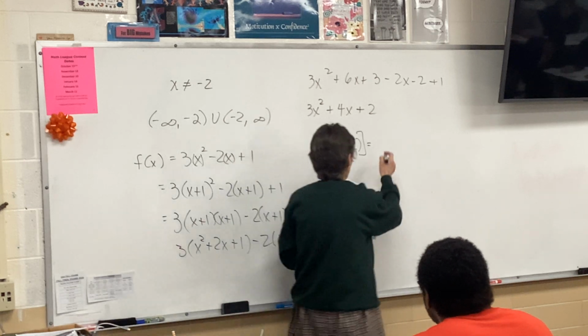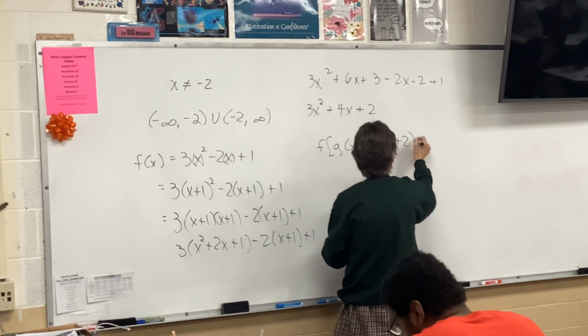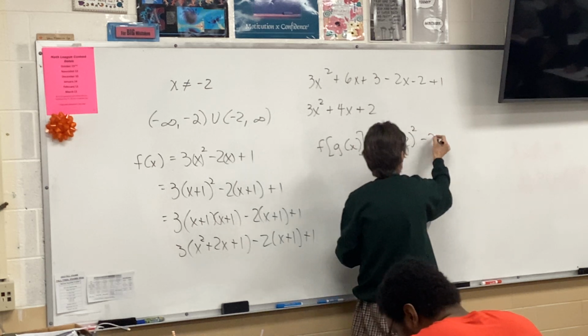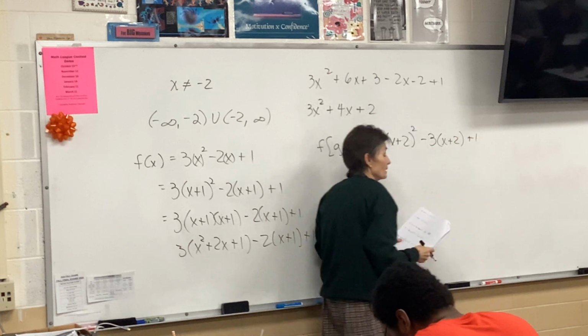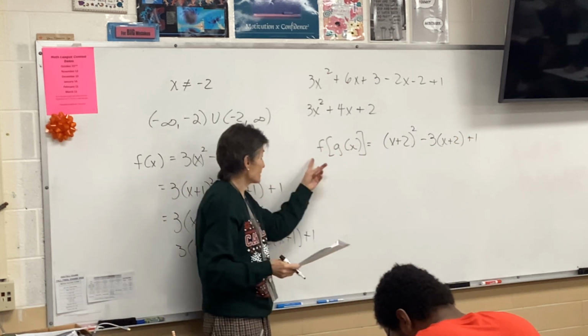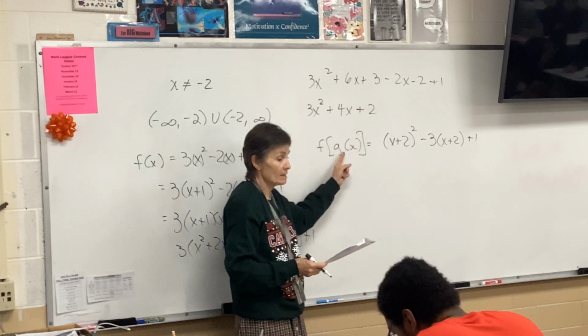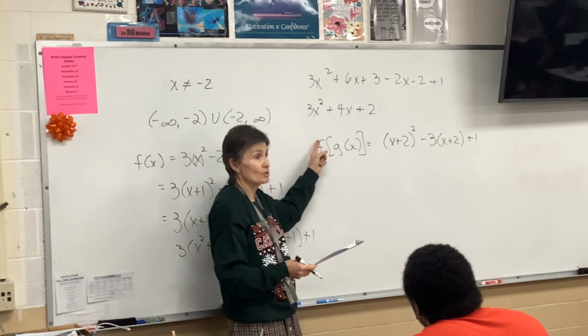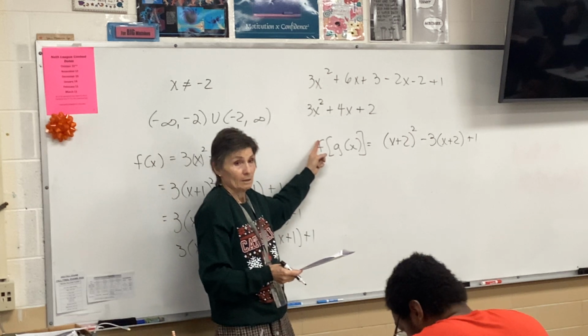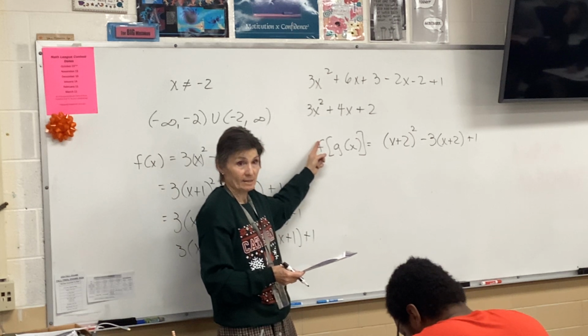So we're going to have (x plus 2) squared minus 3 times (x plus 2) plus 1. So this means take the g, which is x plus 2, and plug it into all the x's in f.